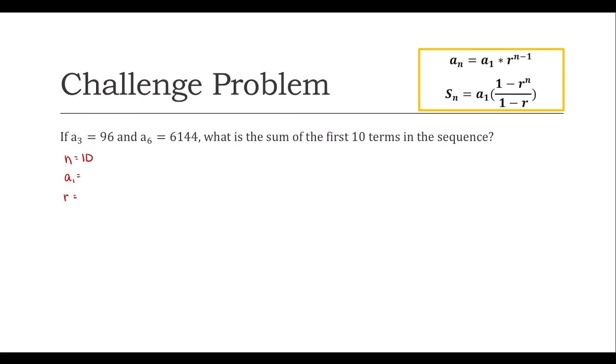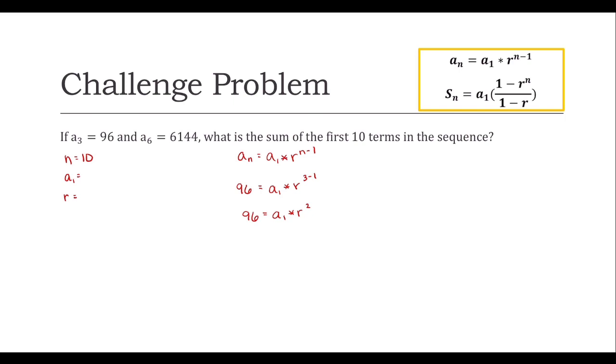So we'll start by creating some equations using our explicit formula. So we have a sub n equals a sub 1 times r to the n minus 1. We know a sub 3 equals 96, so 96 equals a sub 1 times r to the n, which is 3 because this is our third term, minus 1. So 96 equals a sub 1 times r squared.